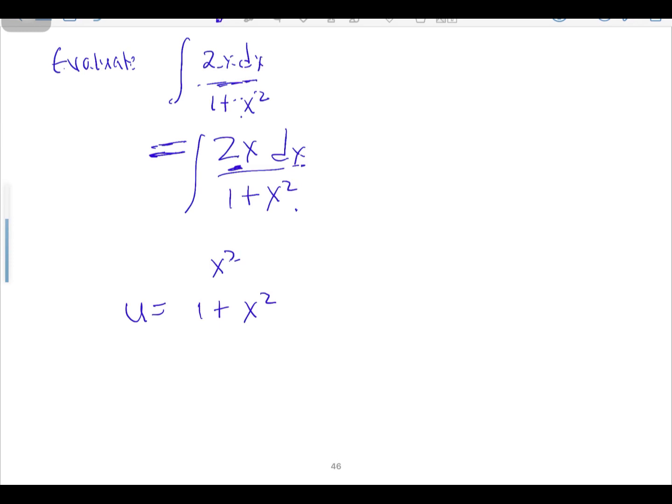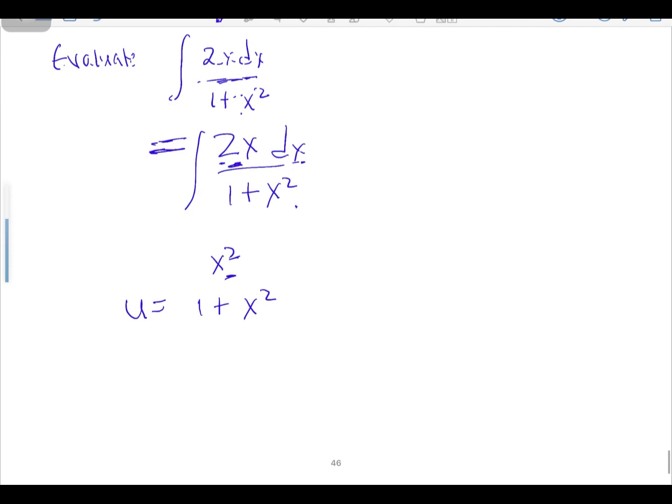Mostly we make the u represent the one which is the derivative of the other. So this is the derivative of x squared, and therefore we have to make u represent whatever the x squared is included in, and in this case the x squared includes 1, so we can say let u equal to 1 plus x squared.